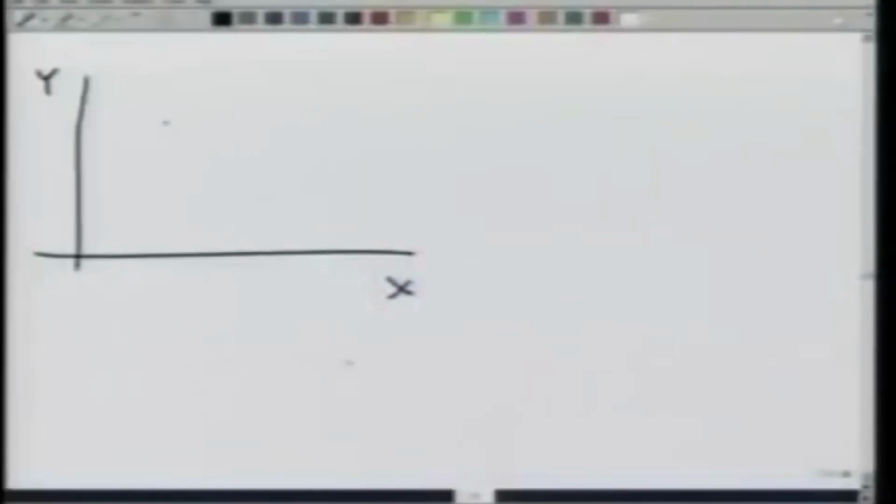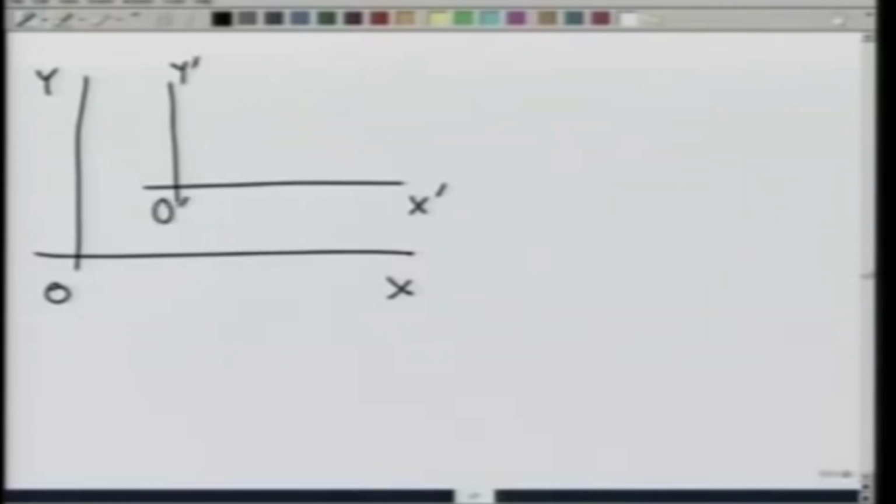So, let us take 2 sets of axes x, y with origin O, and another set of axes x prime, y prime with origin O prime. The O prime is shifted with respect to O by x coordinate a and y coordinate b.